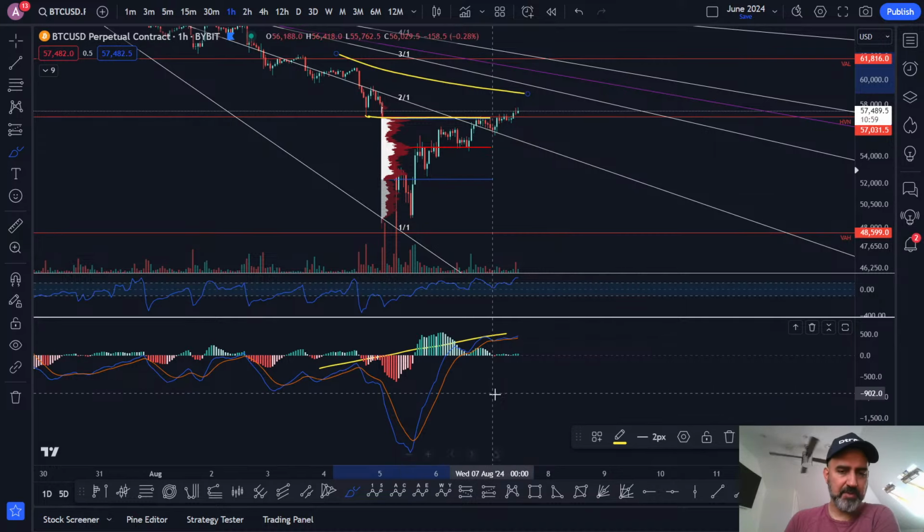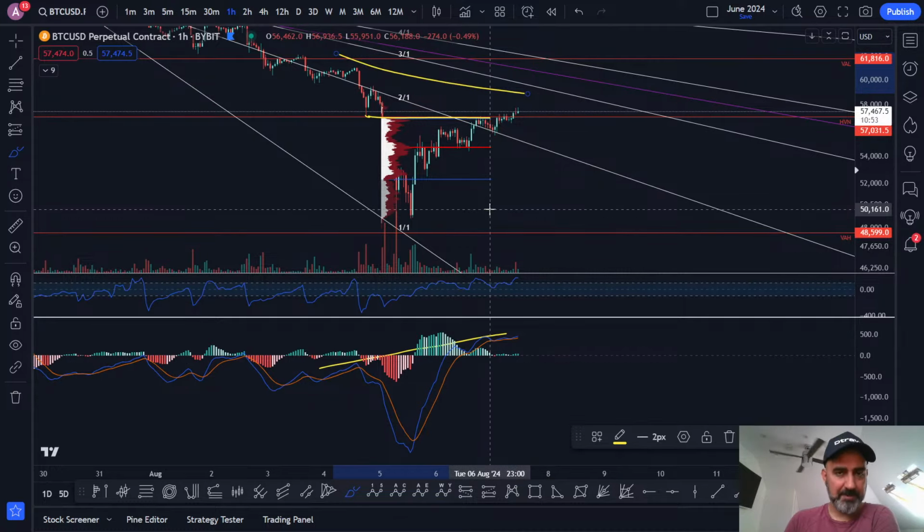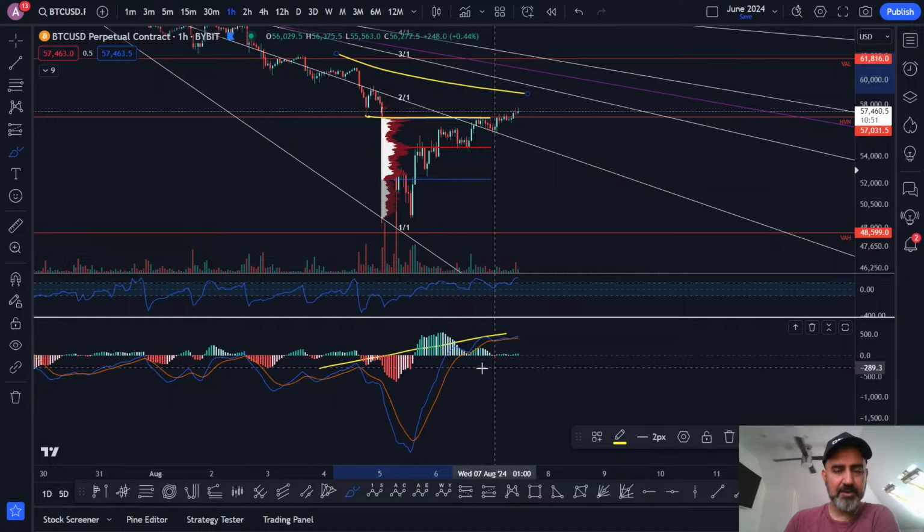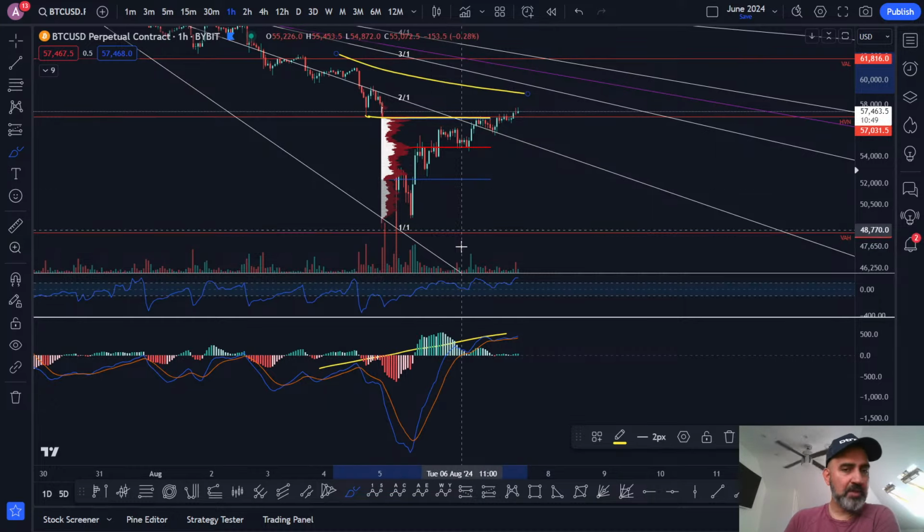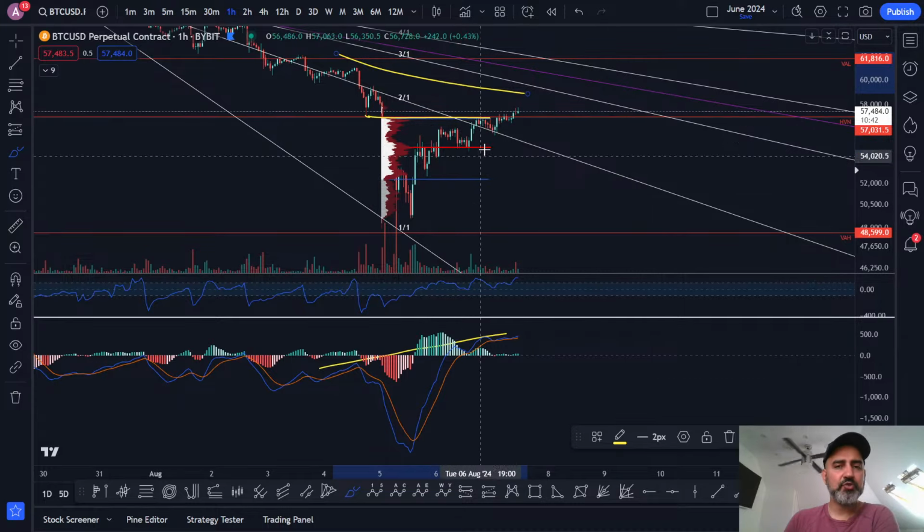Hold on, let me correct myself. No, sorry, my bad, this is hidden bearish. I confuse them, but this is hidden bearish, because the MACD is pushing up and the price isn't. So you're getting quite strong sell side absorption in this move up.